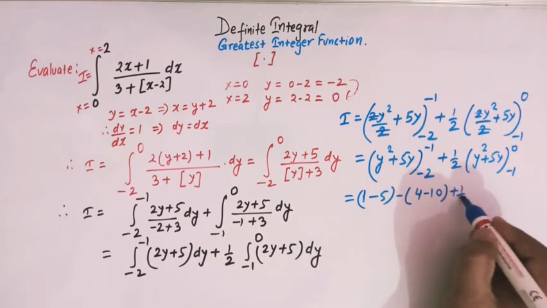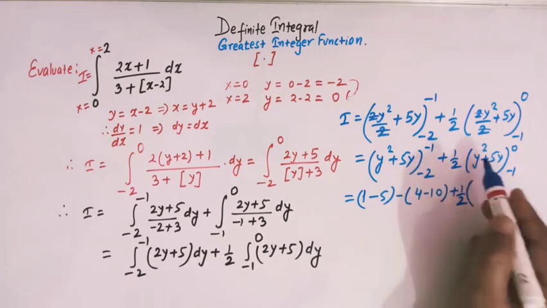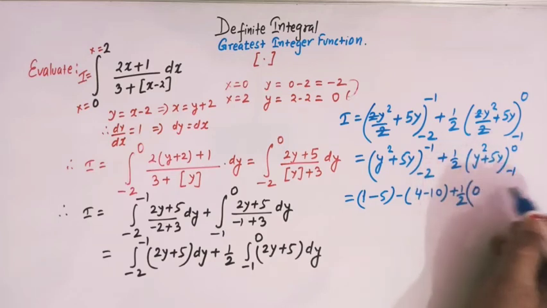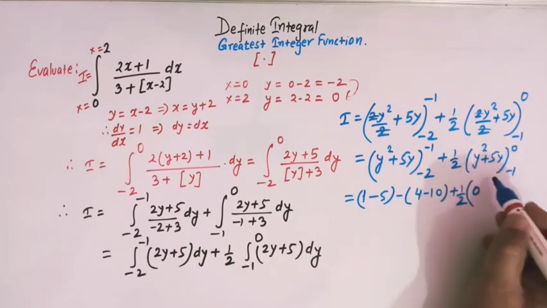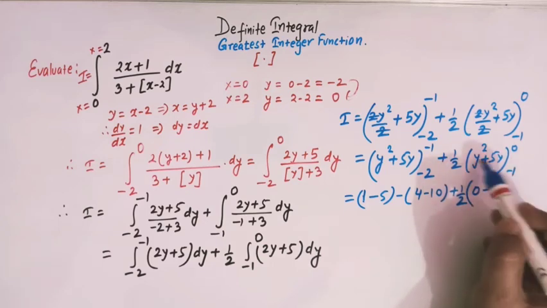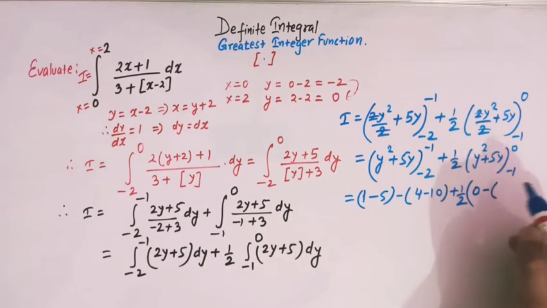For the second, we have half, and at 0 we have 0, then minus the value at y equal to minus 1, which is 1 minus 5.